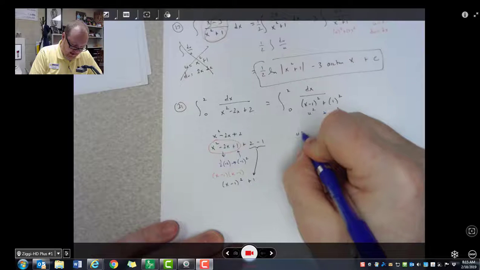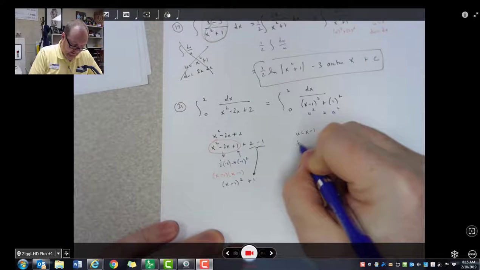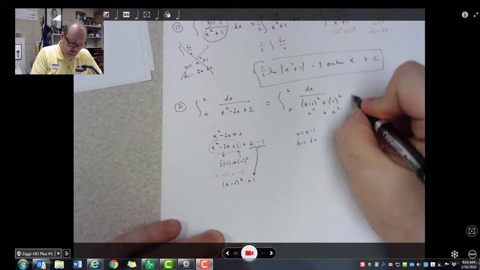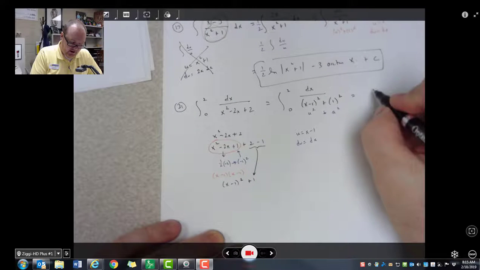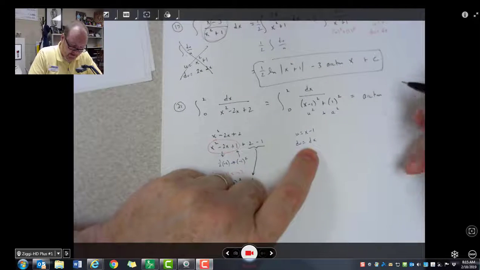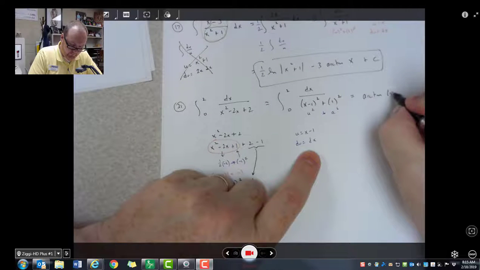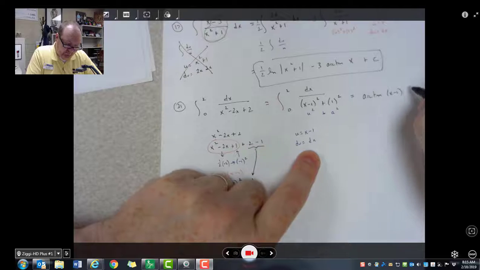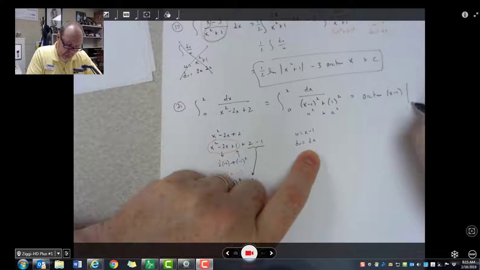So if I choose u to be x minus 1, then the du is 1 dx. I'm good to go on that problem. So that becomes 1 over a, which is just a 1, arctan of u over a, which is just x minus 1. Again, I don't need the plus c here because it's a definite integral.